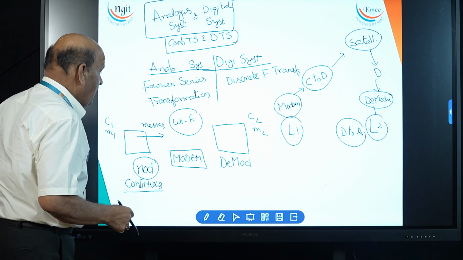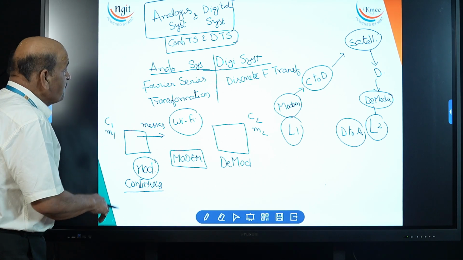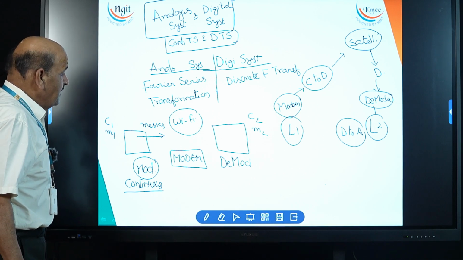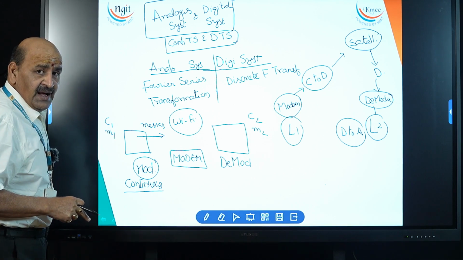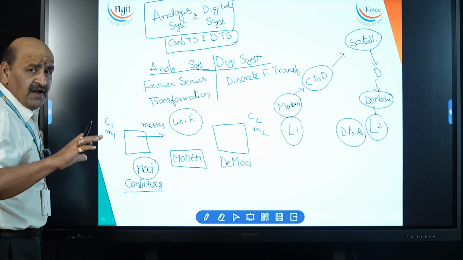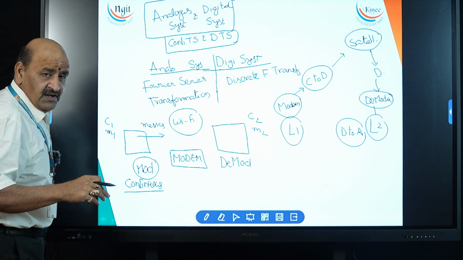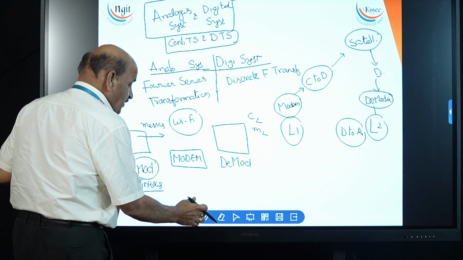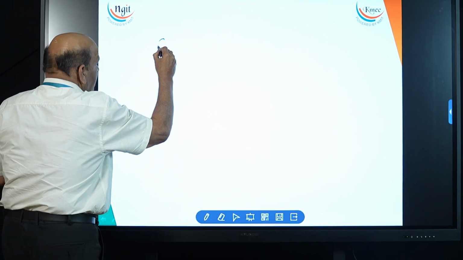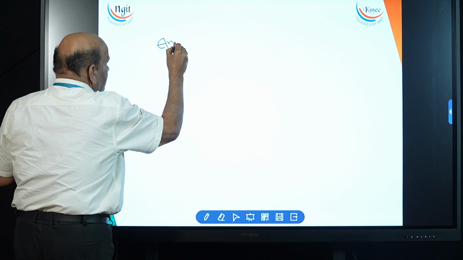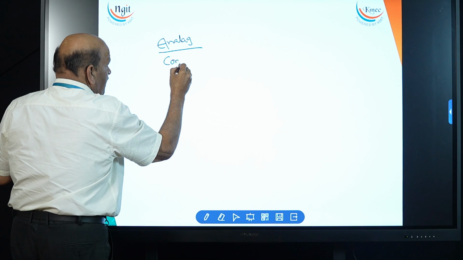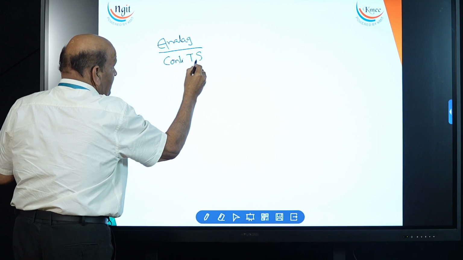Here one important point I have to mention. In analogous systems, these continuous time signals are very prone to be affected by noise or any changes in the weather, thunder and so on. Regarding analogous systems, what do they use? Analogous systems use continuous time signals.